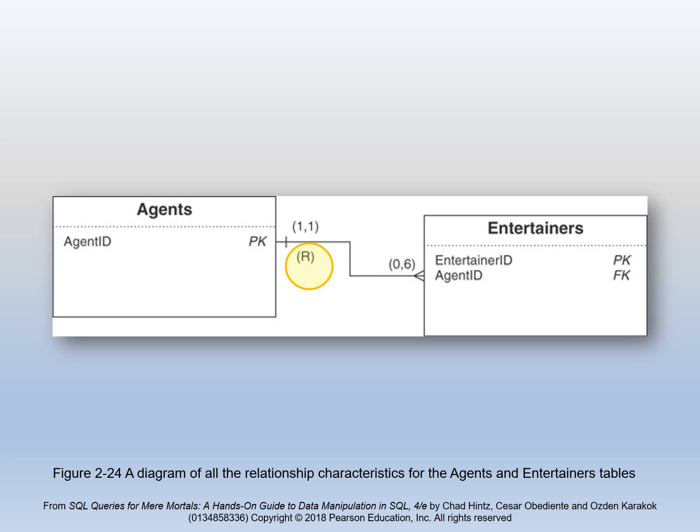That is why the R is here, to restrict a deletion. If the agent has 0 entertainers, then an agent can be deleted from this table. But if an agent has at least 1 entertainer, the agent cannot be deleted from this table. How would this be resolved? The entertainer would have to be deleted before the agent could be deleted.